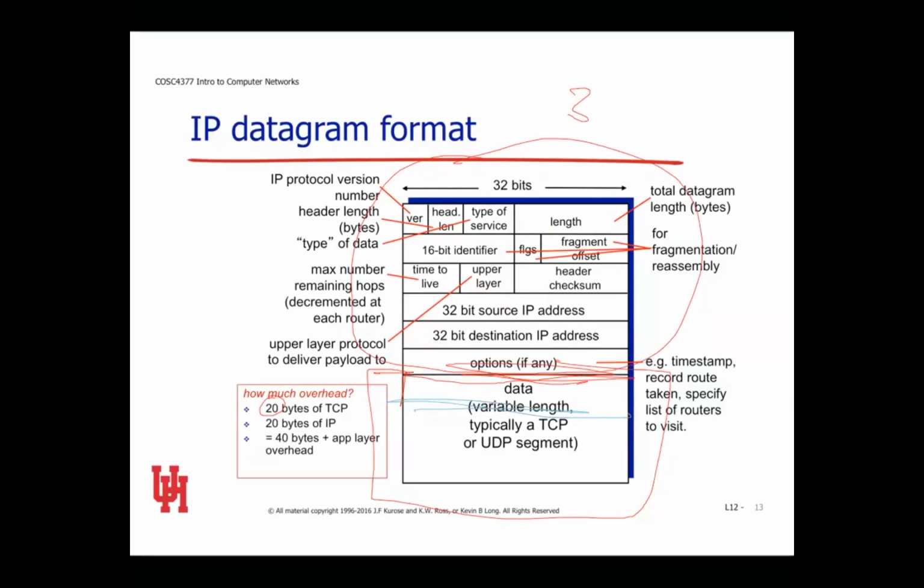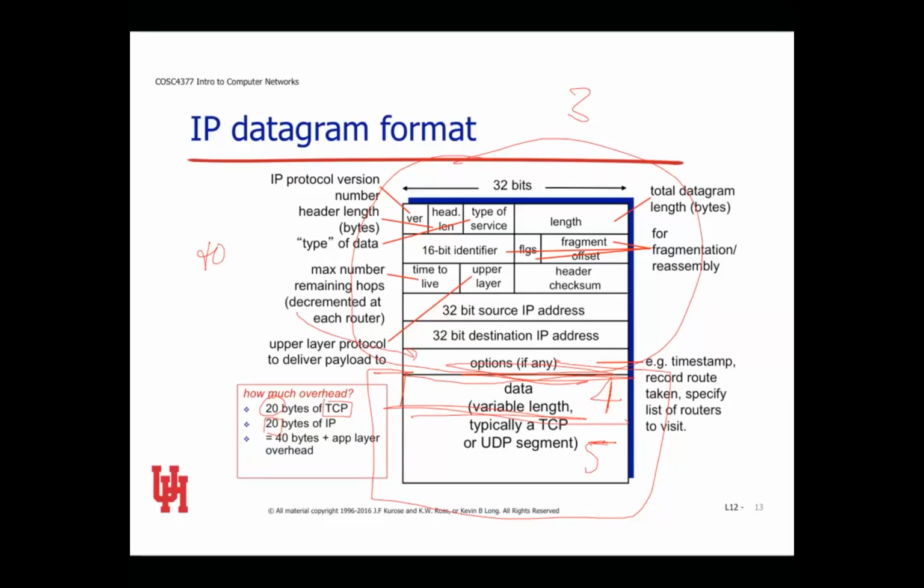So there's going to be some here for layer 4, and there's going to be the rest here for the application layer, layer 5. So we know that we are stuck with TCP with 20 bytes of overhead, and then IP requires a minimum of another 20 bytes of header, plus whatever optional you can do. So 40 bytes overall before you send any data at all.